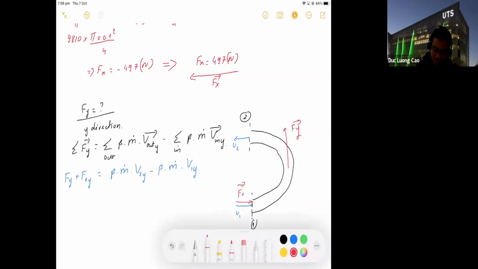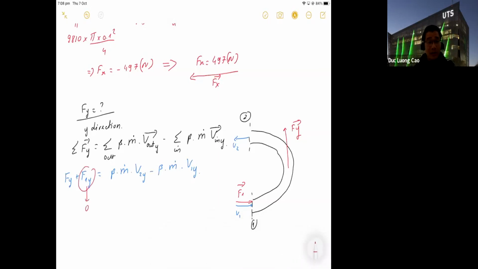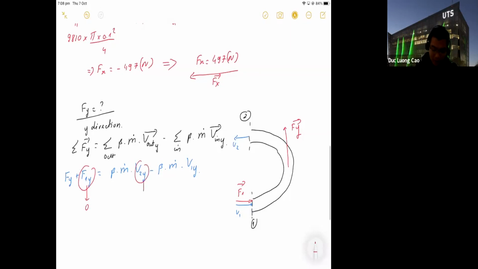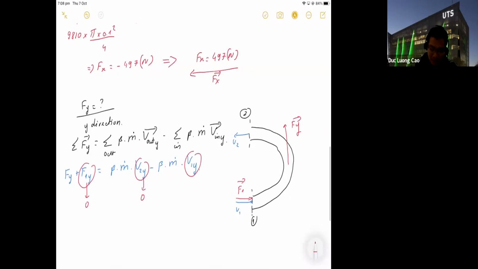And here F1y is 0. F1 is only in x direction. V2y is 0 in x direction. V1y, V2y, this one is 0. So it means Fy is 0.